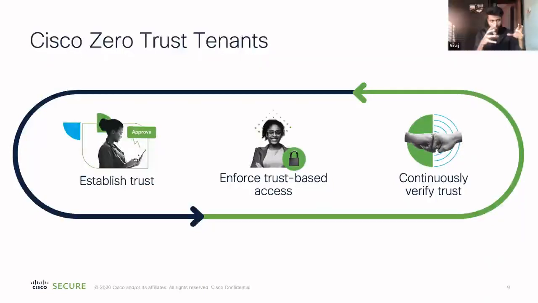So we should be in a position where we are verifying the devices continuously, and we should be able to mitigate that vulnerability if something happens, right? So once you verify the credentials, your job is not done. You have to continuously keep verifying the trust, and then you should be in a position to revoke access if need be.